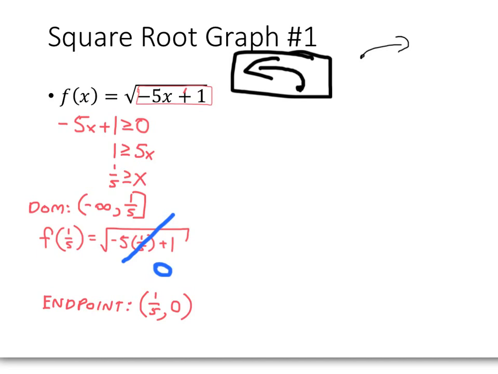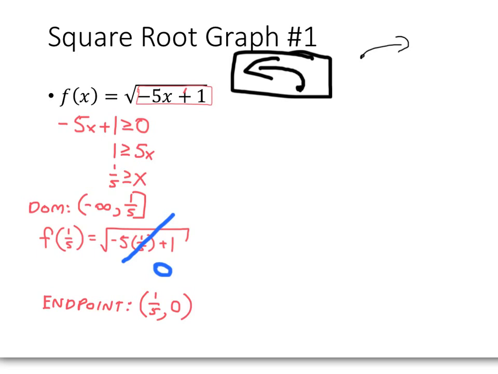I should try to pick a smart x that would help me actually have a rational number and something that's easy to draw on the graph, especially since you can't use a calculator for this. So if you can think of a good x value in your head that would give you a perfect square, that's a very good way to go with this as well.